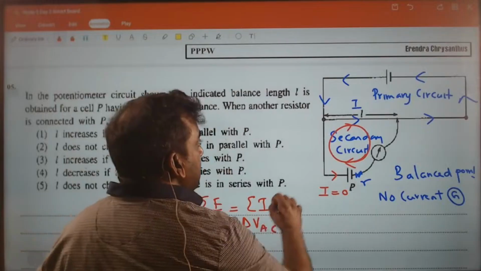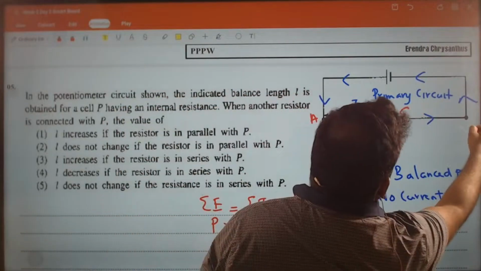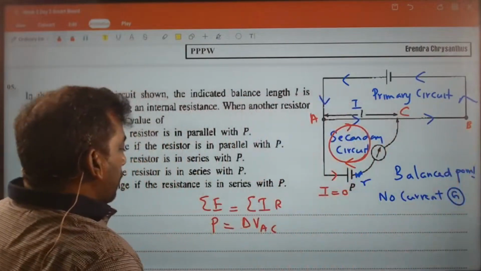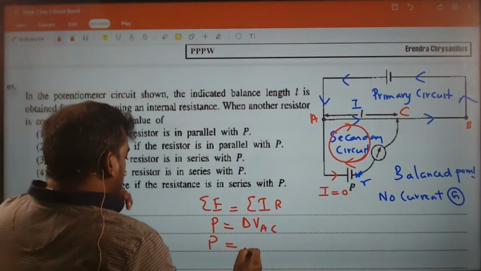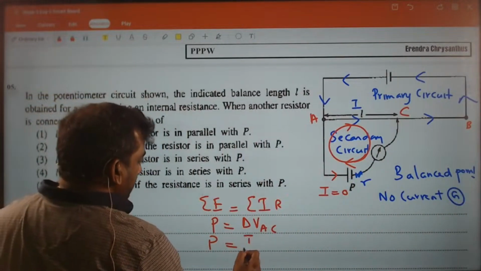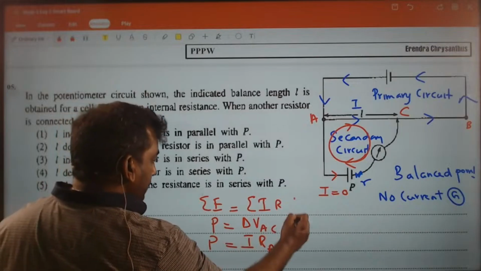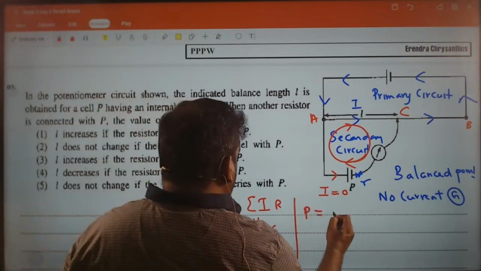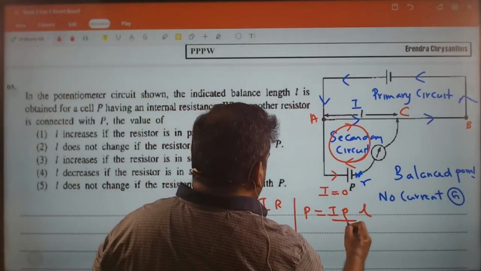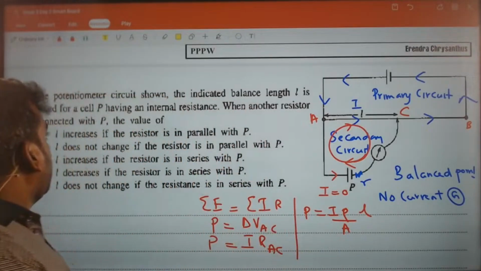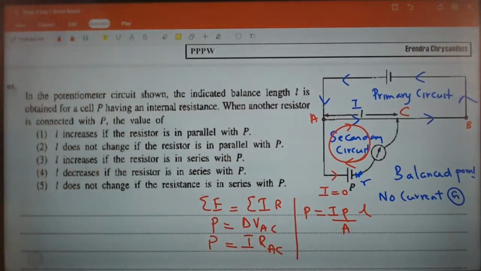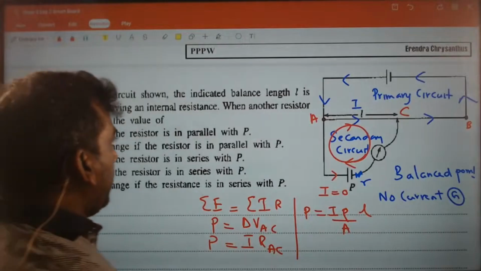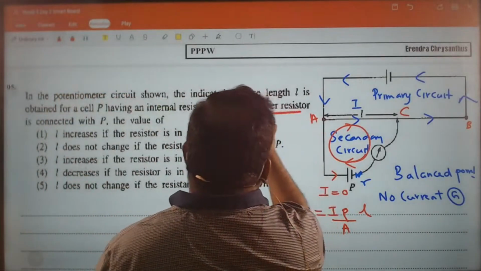I name this AC, here AC, here B. So the potential difference here is I R_AC. So P is equal to I R_AC, and R_AC is rho L over A. There you go.